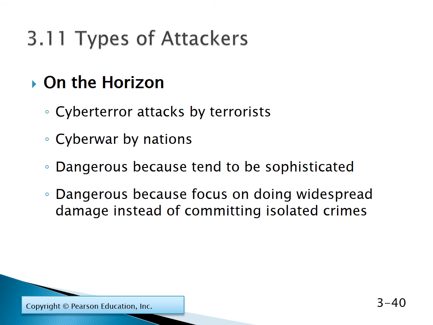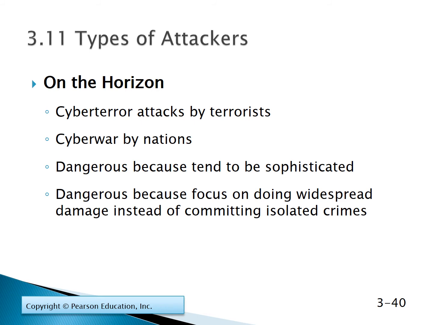And as we mentioned earlier, there's also cyber war between nations going on. These are of course dangerous because they are very sophisticated.